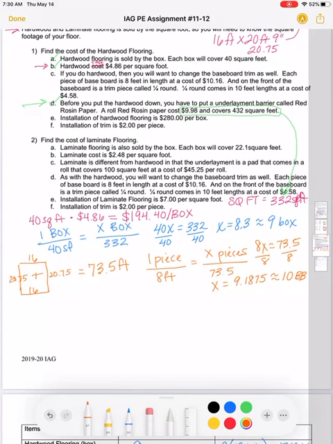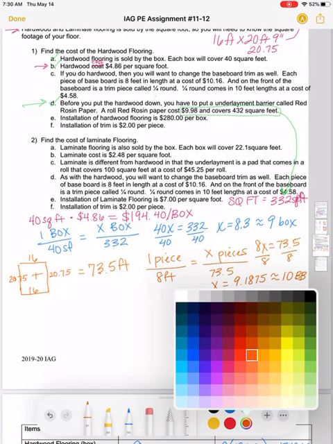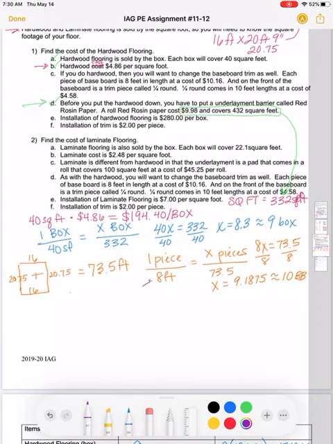Okay, then it also says I need to do quarter round. Quarter round is in 10-foot intervals. So we're gonna set it up exactly the same, except we're gonna change that 8 to a 10. So one piece is 10 foot. I have 73.5. Nope, I did that upside down. Sorry. Let's try that again.